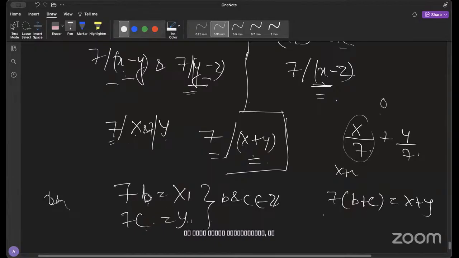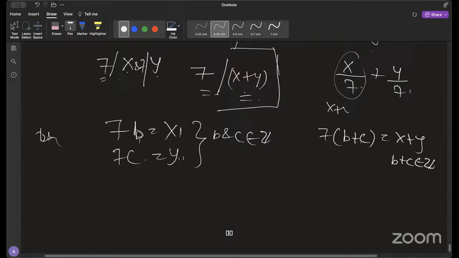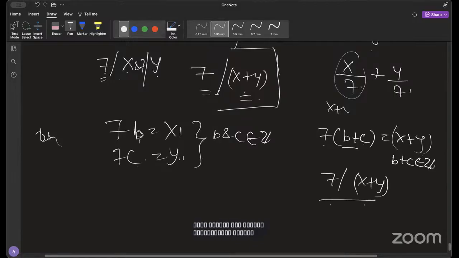And if b and c are integers, that means b plus c is also an integer, right? Now this means that you have an integer which when multiplied with 7 gives you x plus y. That means 7 divides x plus y, right? This is the explicit proof of what I've said. That if 7 divides x and 7 divides y, that means 7 divides the sum too.